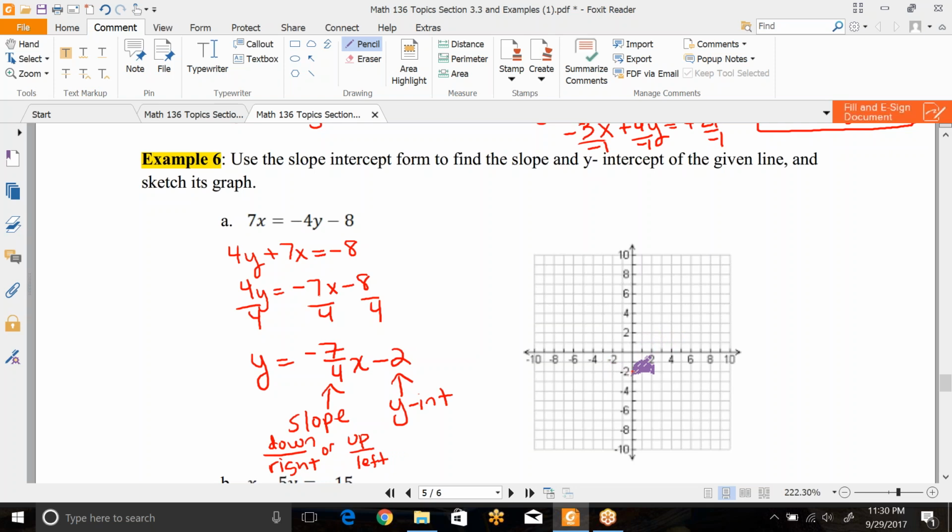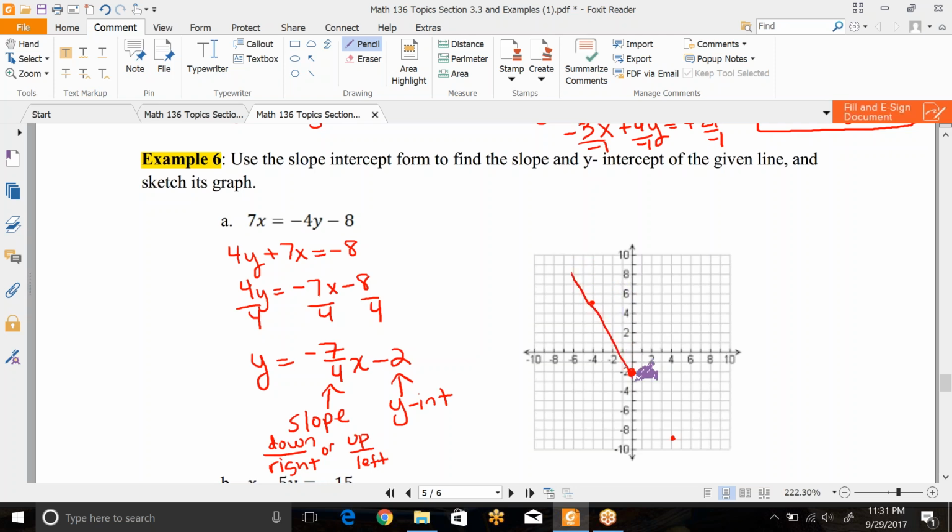So negative 2 is down here on the y-axis, and I actually think I'm going to do one of each. So go down 1, 2, 3, 4, 5, 6, 7, right 1, 2, 3, 4. And then I'll also go up 1, 2, 3, 4, 5, 6, 7, left 1, 2, 3, 4.